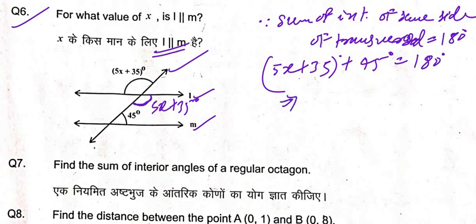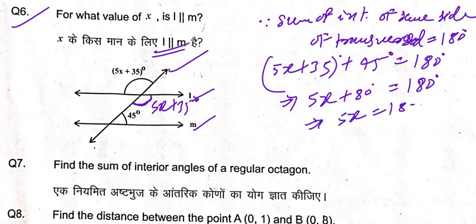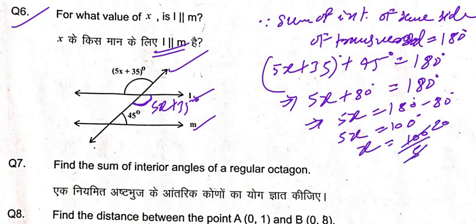When you solve it, 5x plus 35 plus 45, it will be 5x plus 80 degree is equal to 180 degree. So 5x is equal to 180 degree minus 80 degree. So it will come 5x is equal to 100 degree. So x is equal to 100 upon 5, cancel with 20. So what is the value of x? x is equal to 20 degree. So 20 degree will be our solution. So the value of x is 20 degree.